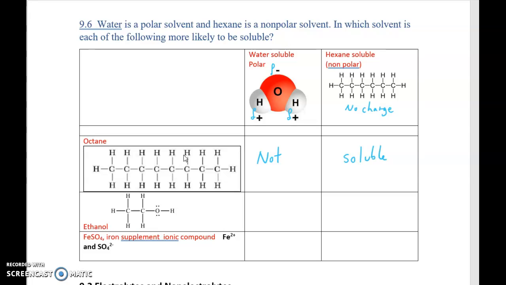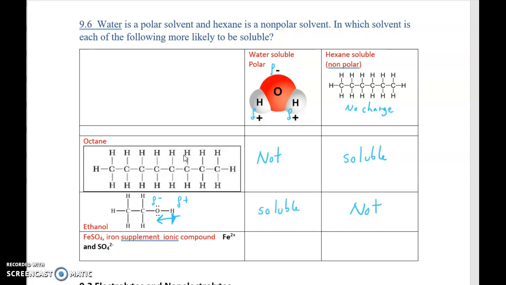Ethanol, well, we've got all this end of it has no charges, but we have a dipole here. There you go. The oxygen is going to be partially negative, and the hydrogen will be partially positive. We'll get hydrogen bonding with this construction, and it will be soluble in water, but not in the hexane.